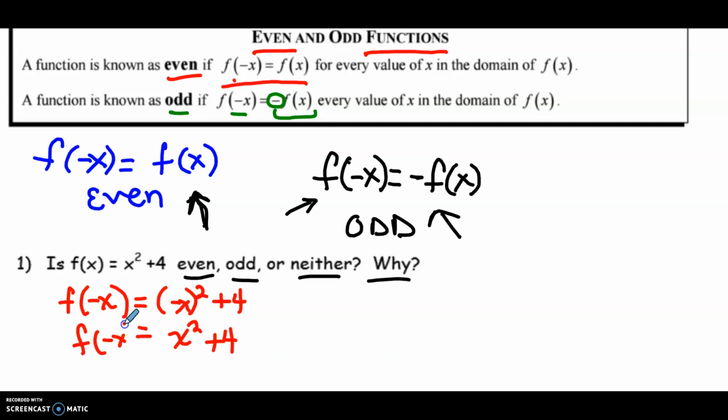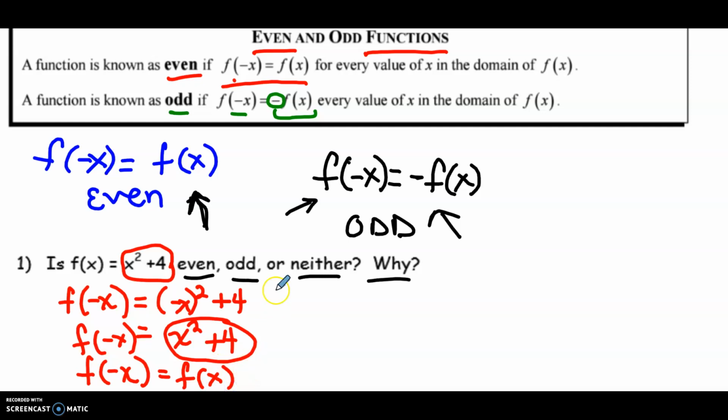So now it's my job to decide my outcome after I plugged in negative x, is it exactly the same as what I started? It sure is. So I can now state that f of negative x was equal to f of x, the original. Well, we just said that rule means that it is even.